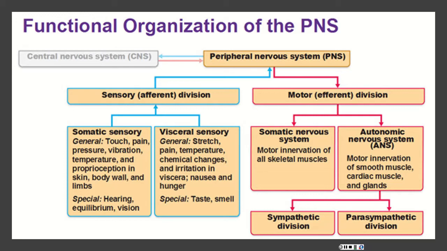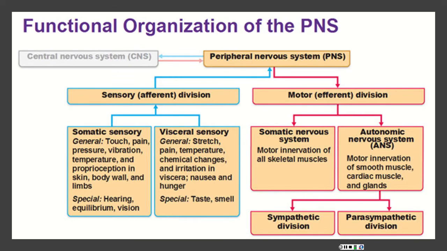So, over the next several chapters, we will start looking at different regions of the nervous system. First and foremost, the nervous system is broken into the central nervous system, which is the brain and spinal cord, and the peripheral nervous system, which are all the nerves outside of the brain and spine.